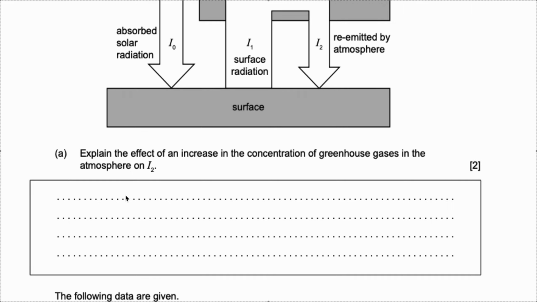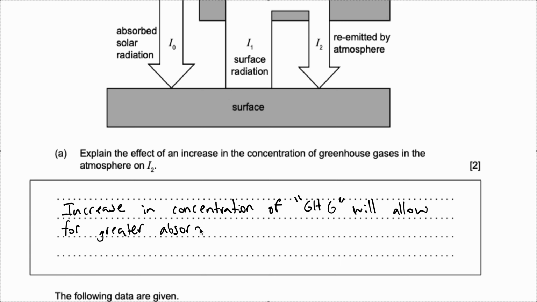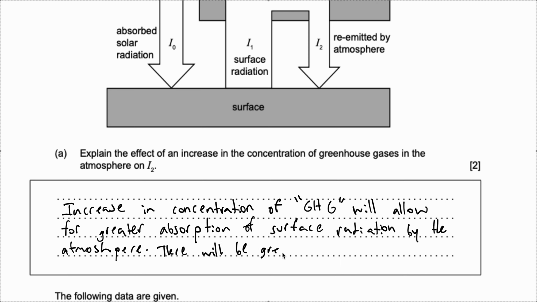So we can basically say increase in concentration of, we'll just call it greenhouse gas, "GHG", put this in quotation, will allow for greater absorption of surface radiation by the atmosphere, and in turn there will be greater intensity of radiation emitted onto the surface.